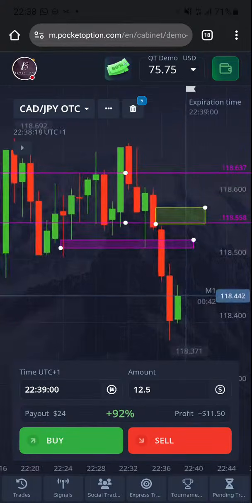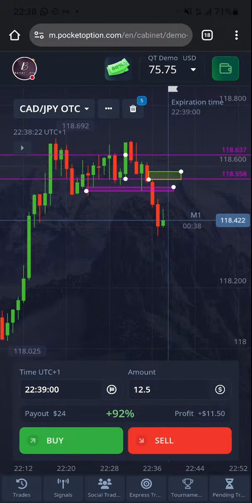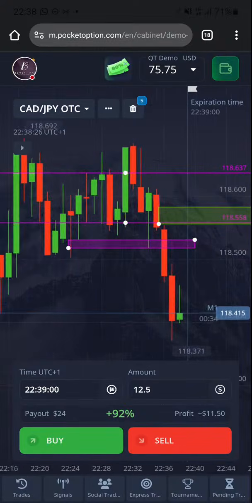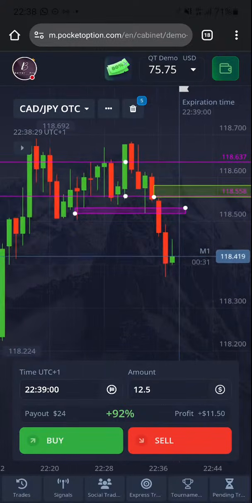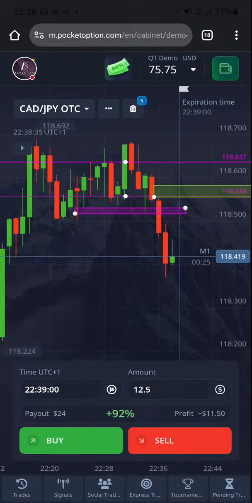Now, there's something that people don't pay attention to when they lose. If you are working with a 70% strategy, the market does not tell you in which order the losing streak is going to come.